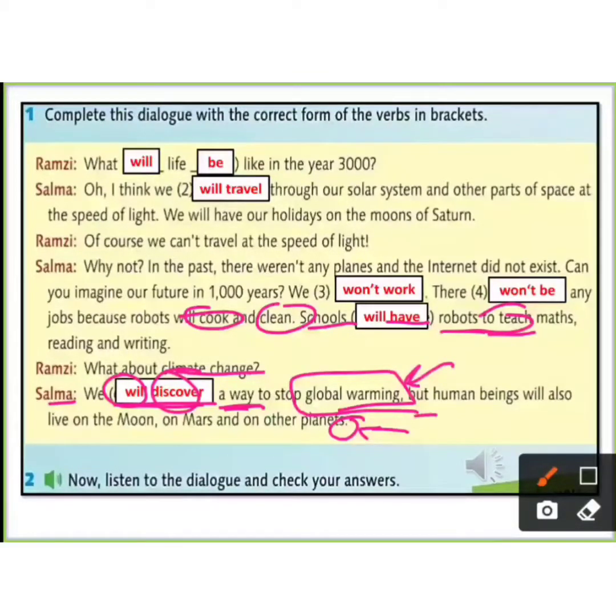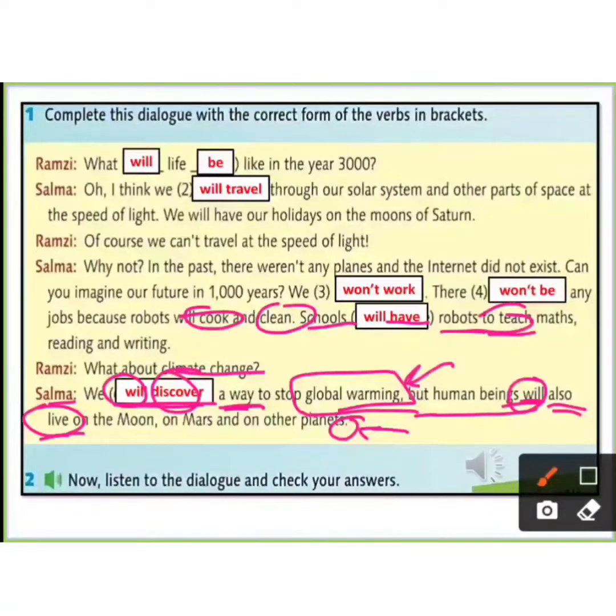Okay? But human beings will also live. Notice that also means too, and look at its place. It came between will and the infinitive verb. We will also live on. Now we are living where? Yeah, on Earth.